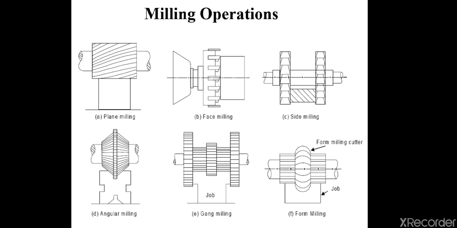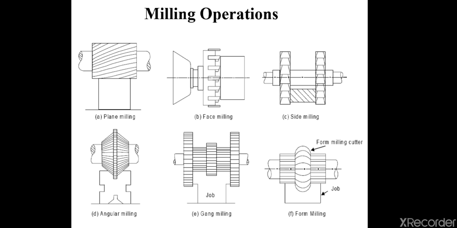In figure C, here is a workpiece and these two cutters are mounted on the arbor. These two cutters remove the material on the side of the workpiece. And these two cutters are mounted on the horizontal arbor as shown in figure C.